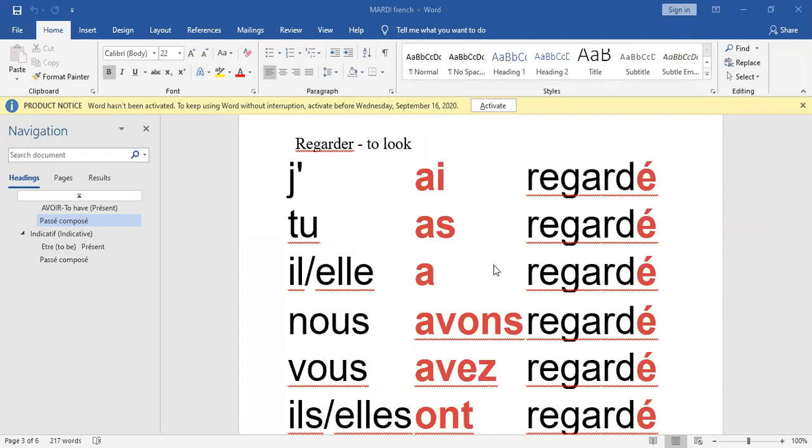The third person plural. Ils ont regardé. Elles ont regardé. Elles ont regardé les étudiants qui jouent au foot. They watched the students who were playing what? Football.